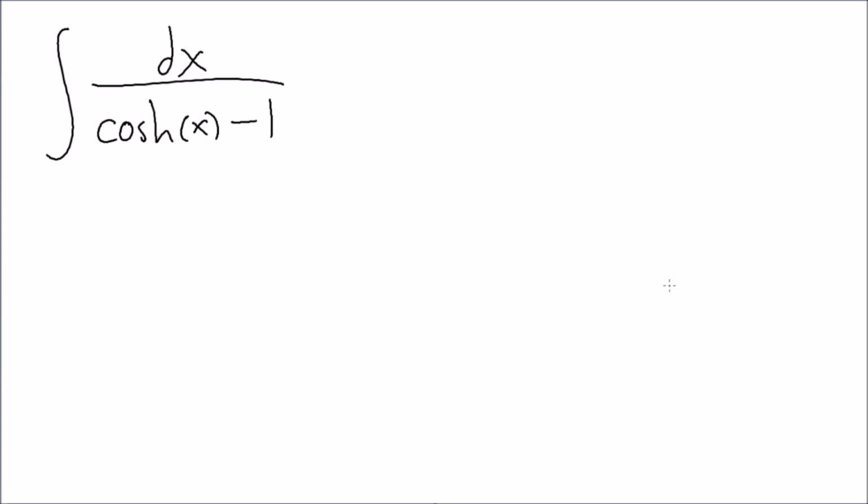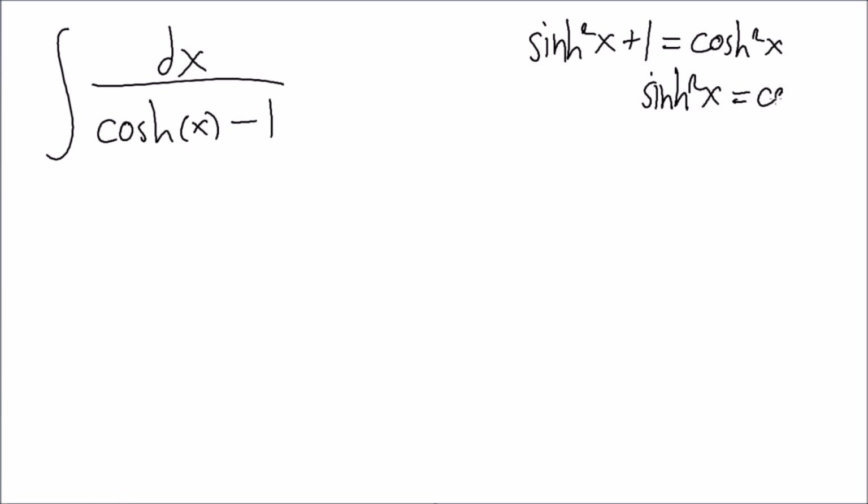What do we do now? So let's remember, sinh squared plus 1 is equal to cosh squared. Then sinh squared is equal to cosh squared minus 1. So maybe with some ideas, we can do some conjugation here.